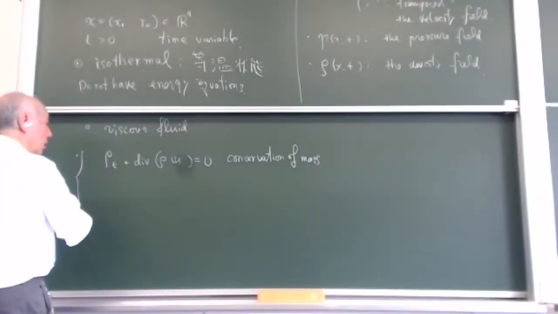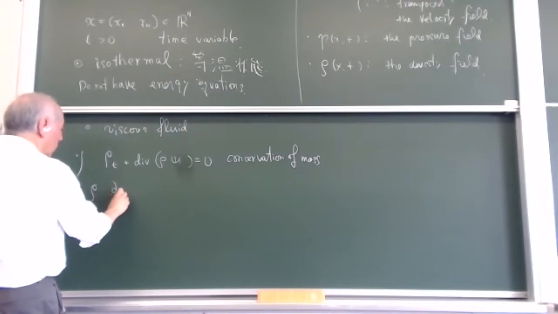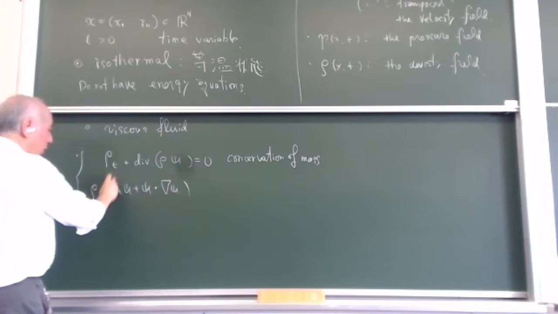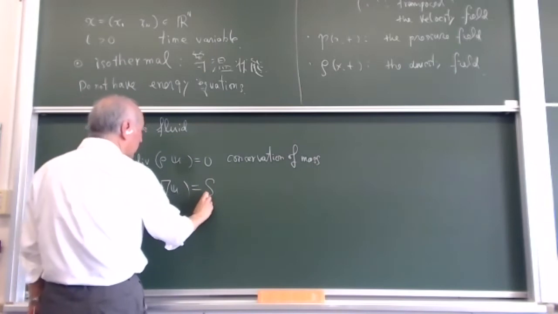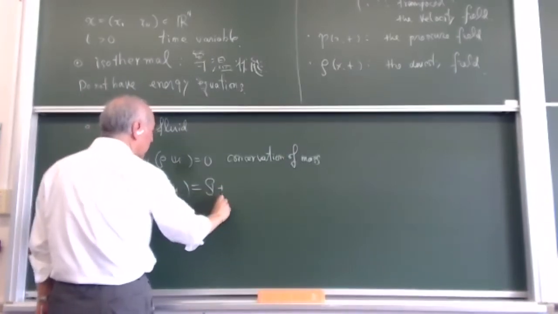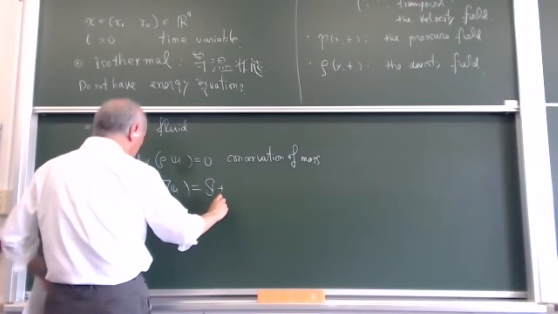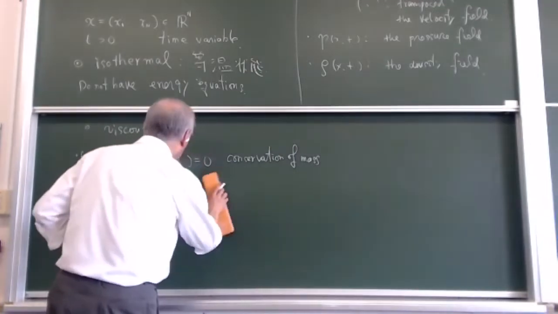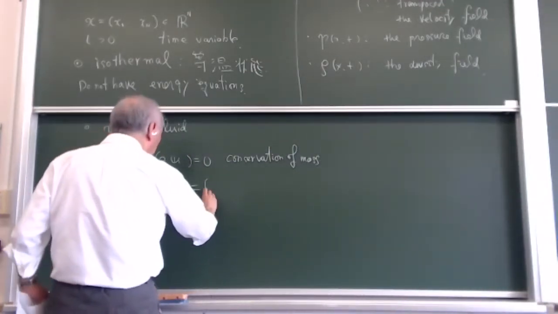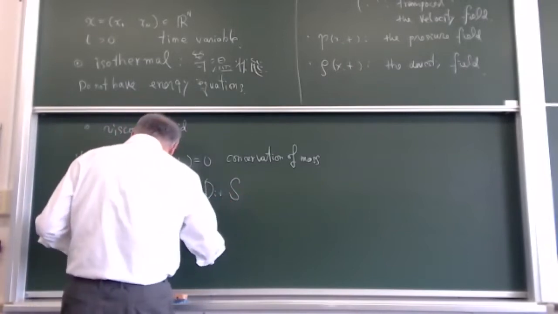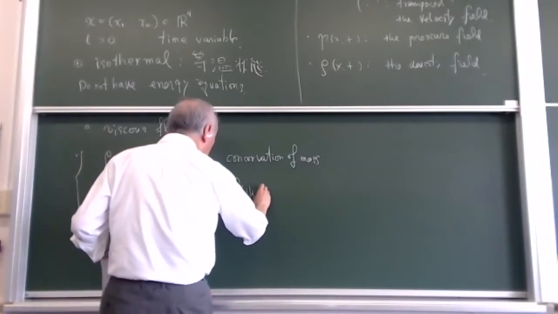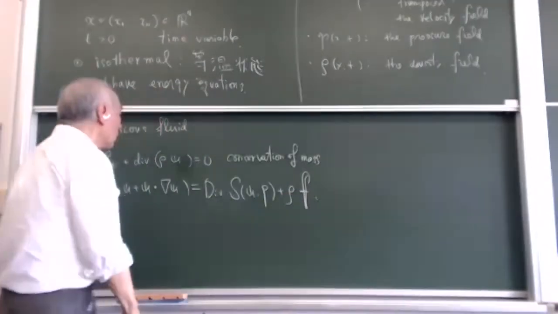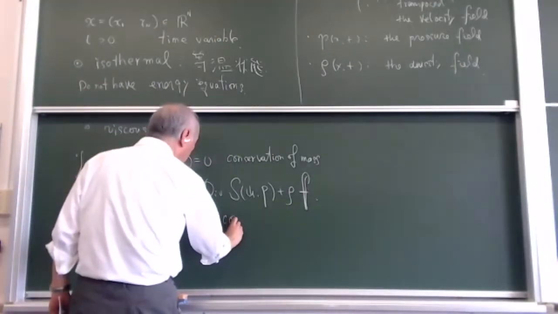And then rho times the material derivative of u is equal to divergence of S. This is the conservation of momentum.